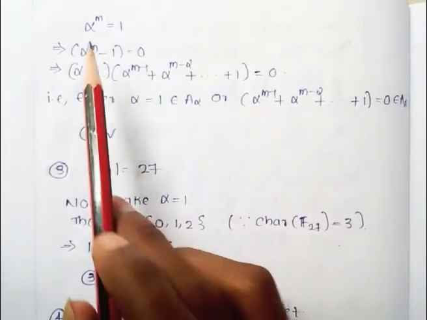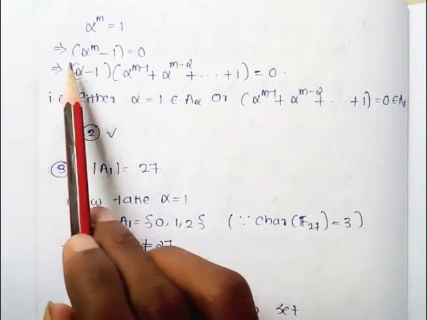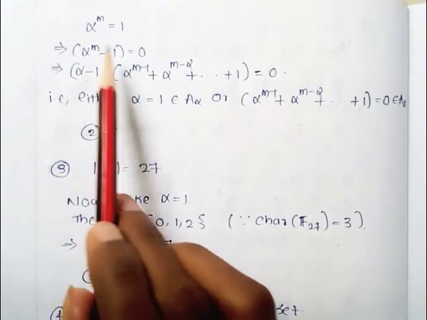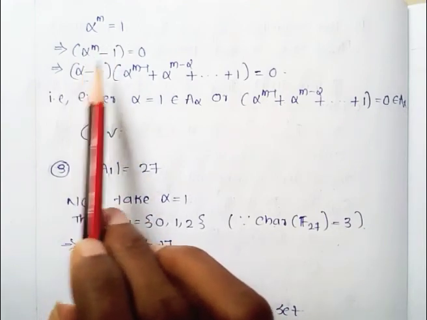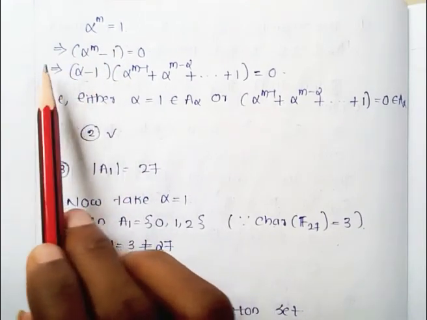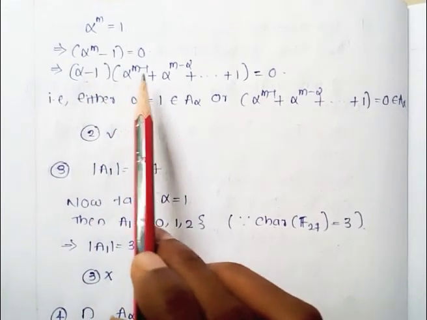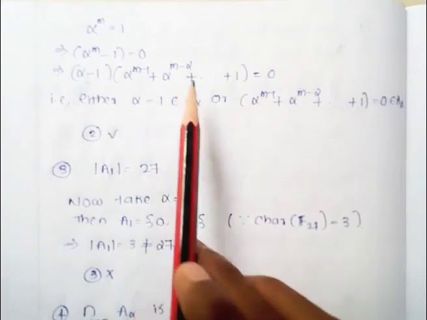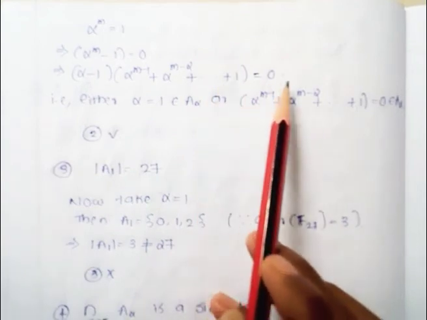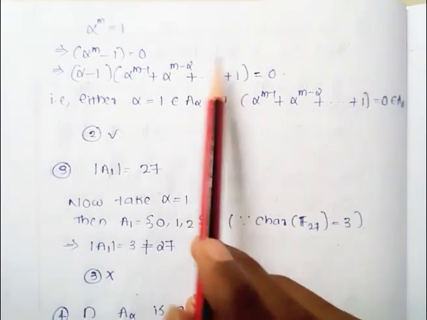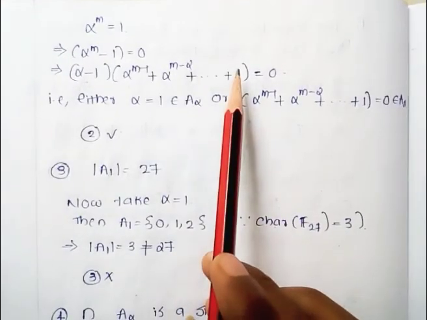Then by definition, alpha power m is equal to 1, which implies alpha power m minus 1 is equal to 0. Here we can see that 1 is a root of this equation. So alpha minus 1 times alpha power m minus 1 plus alpha power m minus 2 plus etc. plus 1 is equal to 0. That is, either alpha minus 1 is equal to 0 or this term is equal to 0.